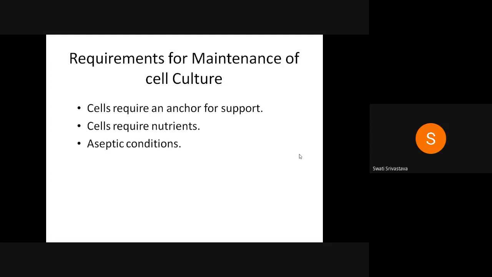Then they should have aseptic conditions. As I told you, the environment needs to be controlled. There should not be any kind of contamination, whether bacterial, viral, or fungal. So the aseptic conditions need to be maintained so that the animal cells grow easily and at an optimum growth rate.